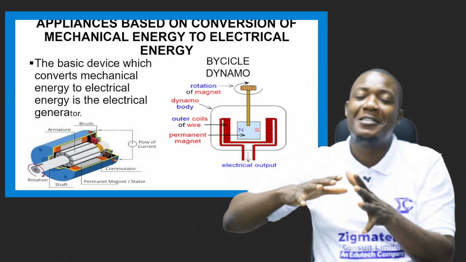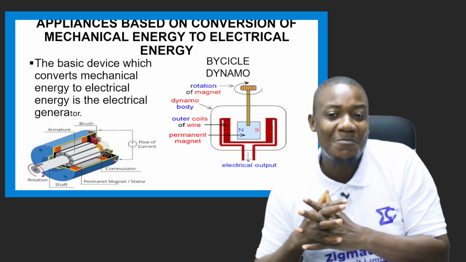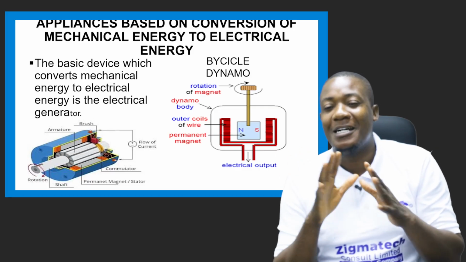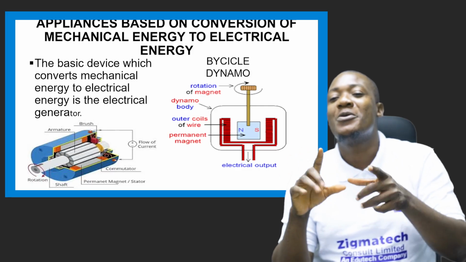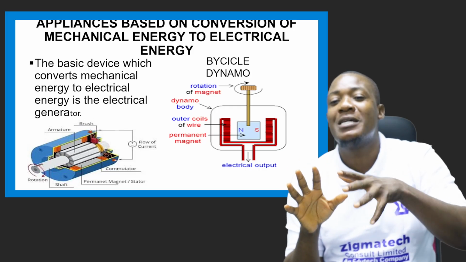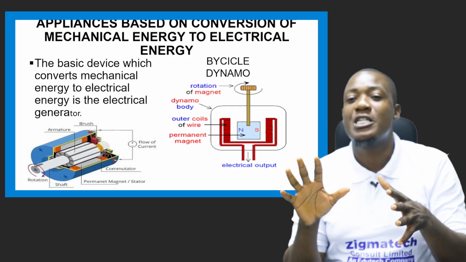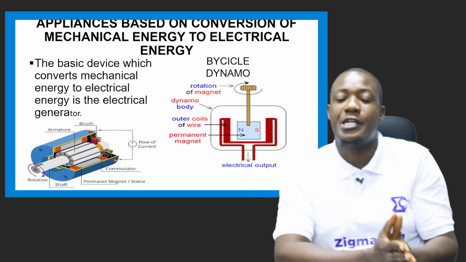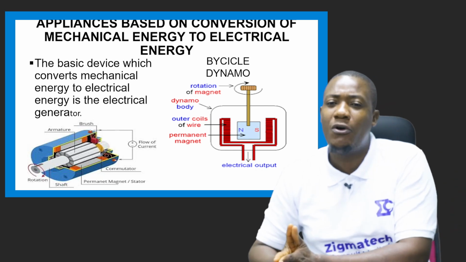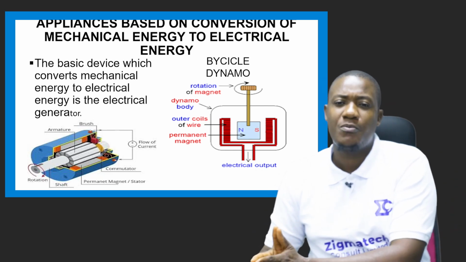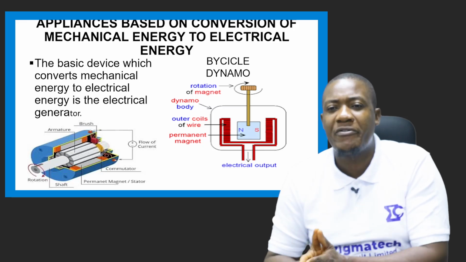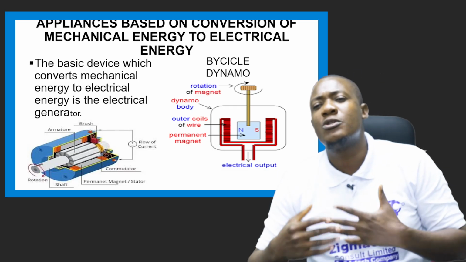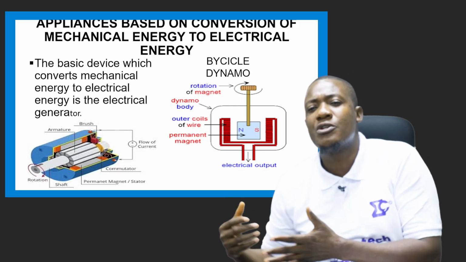So the principle is simply saying that when you have a current-carrying conductor placed in a changing magnetic field, an EMF is induced in the coil. EMF stands for electromotive force. This induced EMF also leads to induction of electric current.